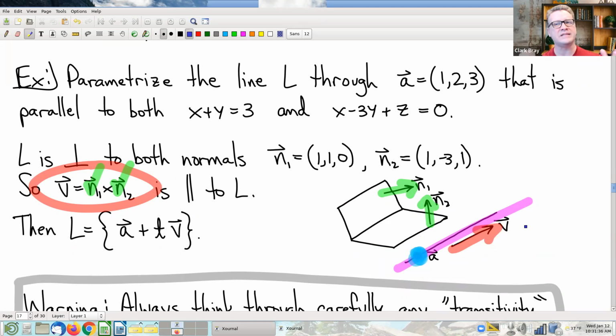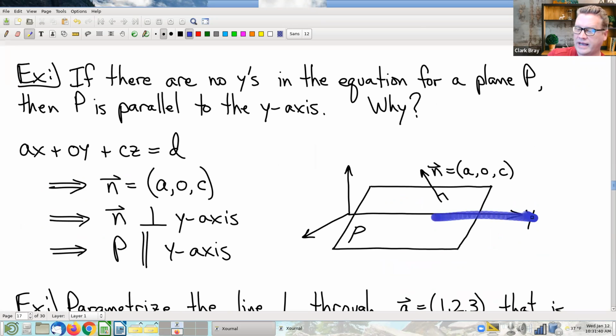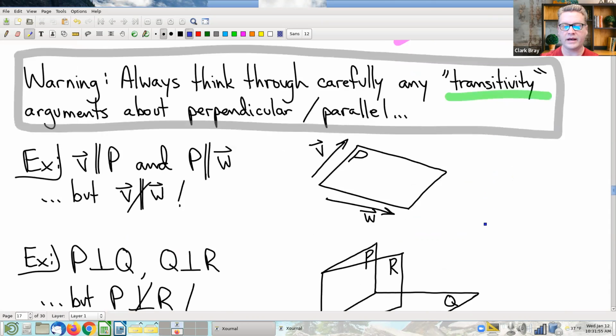So there's kind of a transitivity thing there. And likewise up here, the y-axis is perpendicular to the normal vector, and the normal vector is perpendicular to the plane, and therefore, right? So I just want to make a warning. Do be careful. Always think it through.